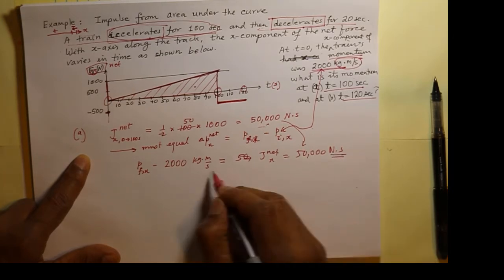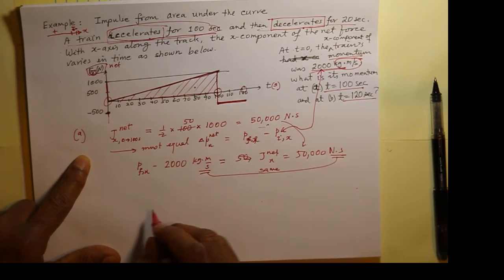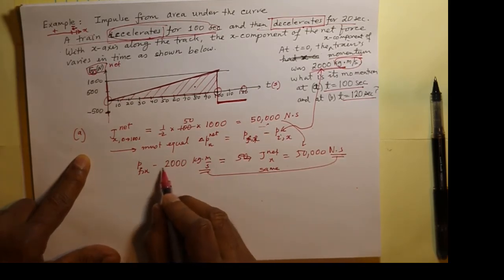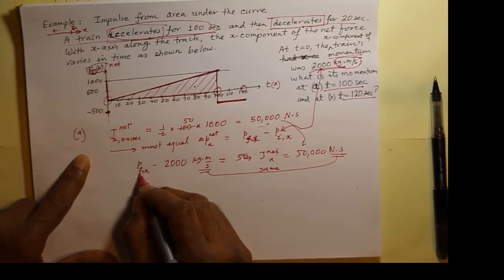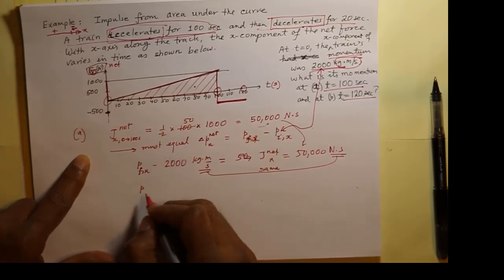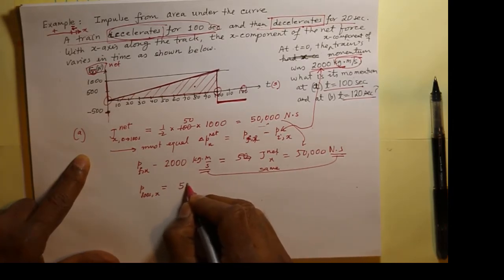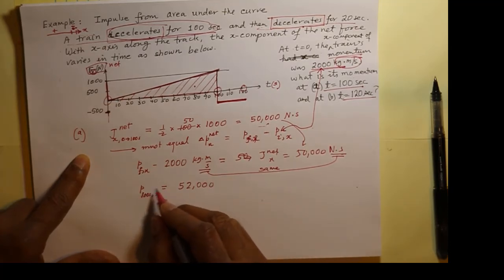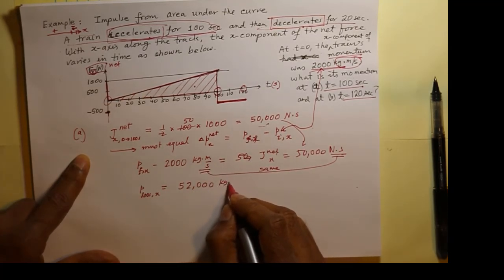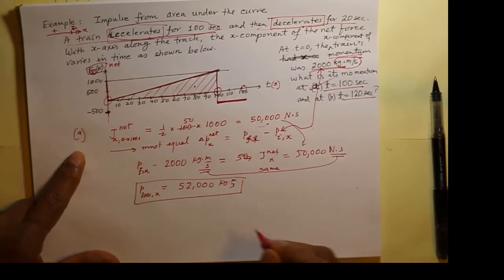So this unit is the same as that unit. So I can send 2000 to the other side, so P at the 100 second mark, the x component, is 52,000, and because we're using momentum, we can use the unit kilogram meter per second. So that's the answer for this.